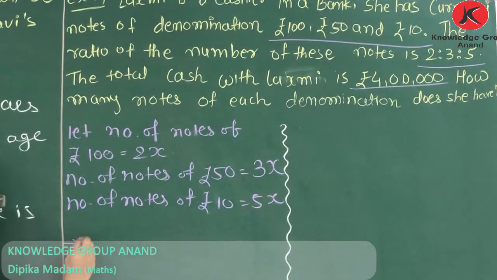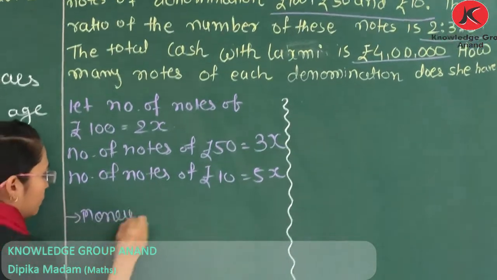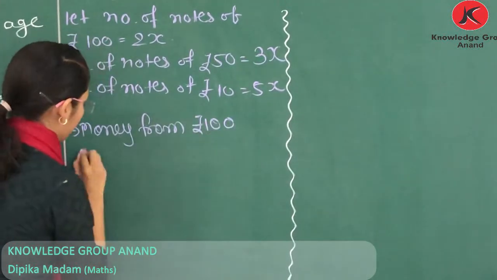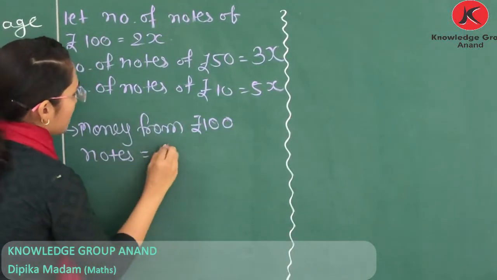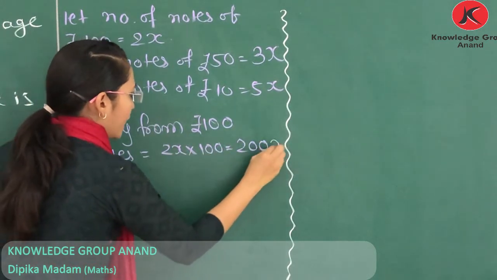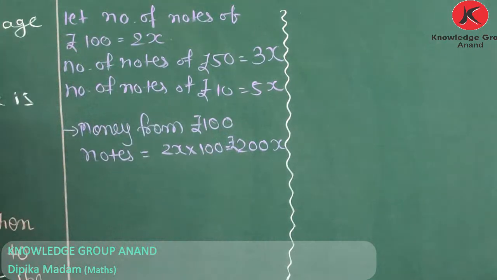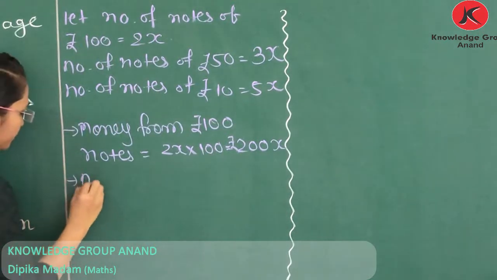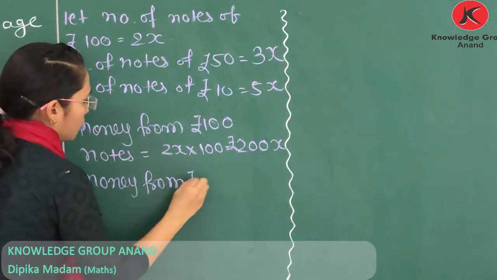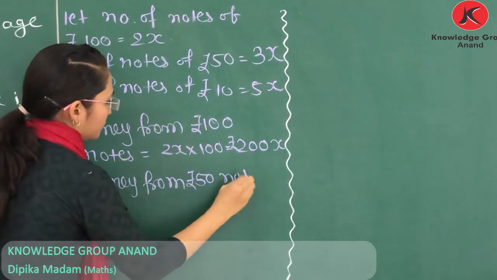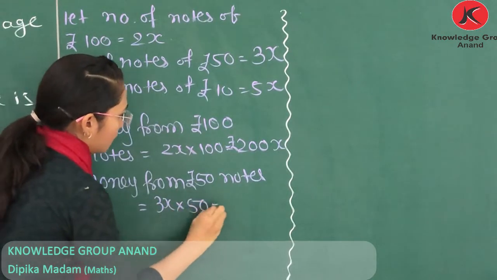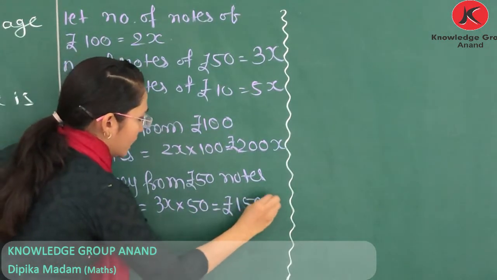So we can write money from rupees 100 notes, that is 2x into 100, 200x rupees. Okay, now money from rupees 50 notes, that is 3x multiplied by 50 rupees, 150x.